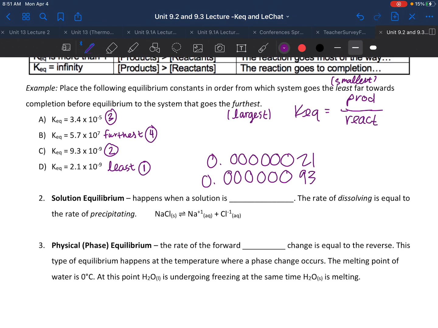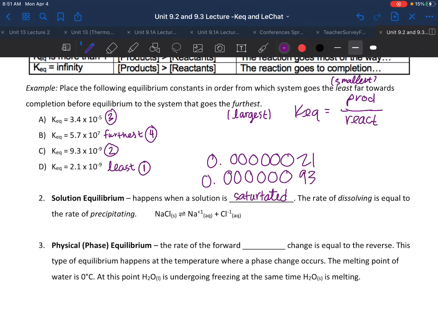All right, now for your other types of equilibrium, we have solution equilibrium. This is what happens when a solution is what we call saturated. If we have a ton of sodium chloride, like in this example, you're going to get to a point where you've already dissolved as much as you could in solution, and some of it starts to precipitate out.